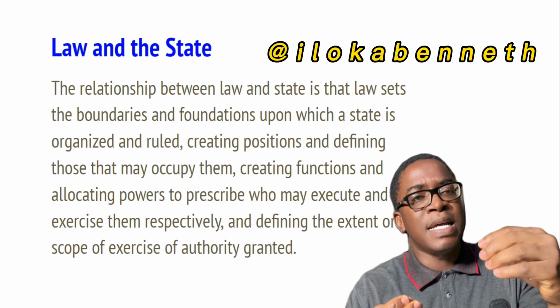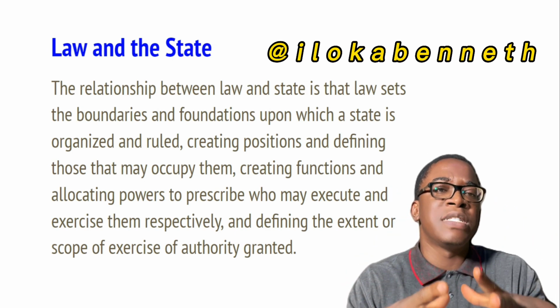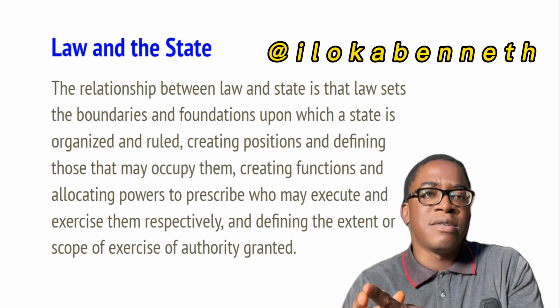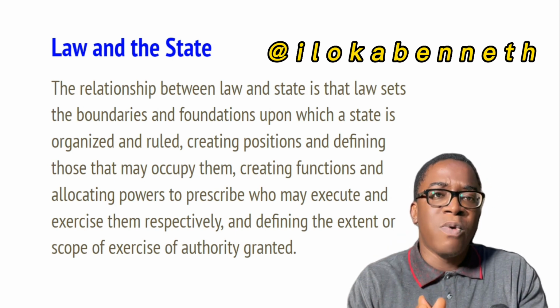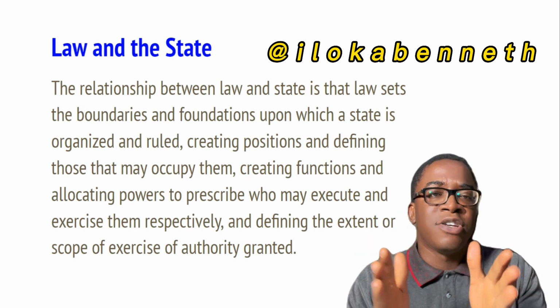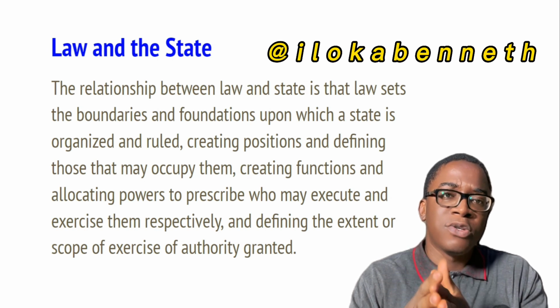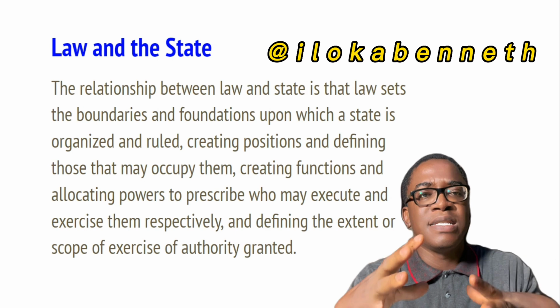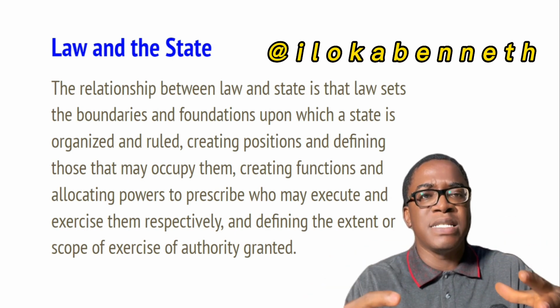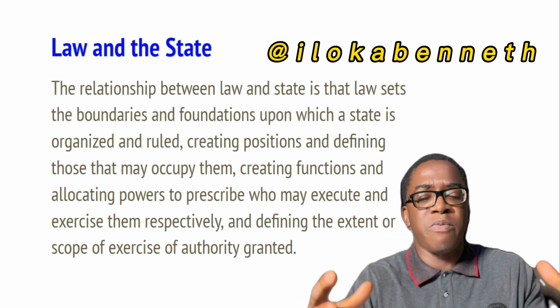It states that the executives are in charge of executing the powers of the government, the judiciary are in charge of interpreting the laws, while the legislatures are in charge of making the laws. So these elements are a kind of relationship between the state and the law, because the law defines these positions and who should occupy them.